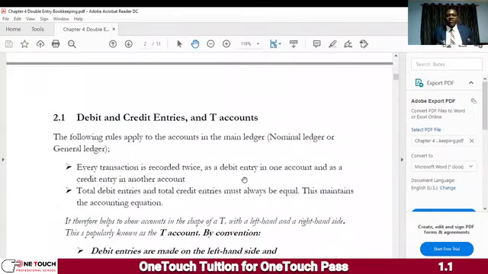Now, debit and credit entries and the T accounts. The following rules apply to the accounts in the main ledger, that is the nominal ledger, or the general ledger. Every transaction is recorded twice, as a debit entry in one account and as a credit entry in another account.